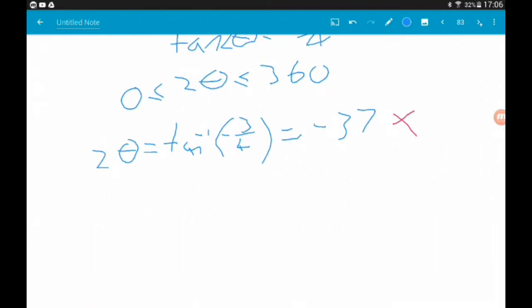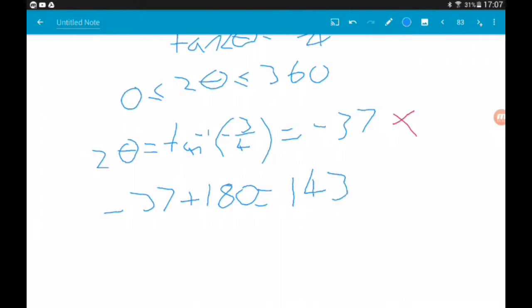So, minus 37 plus 180. Again, remember, we're doing that because the period of tan theta is 180. So minus 37, add 180 is 143.